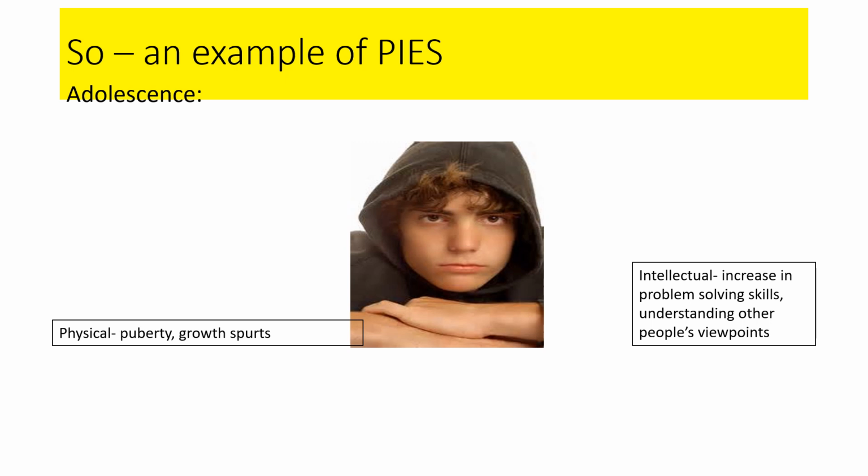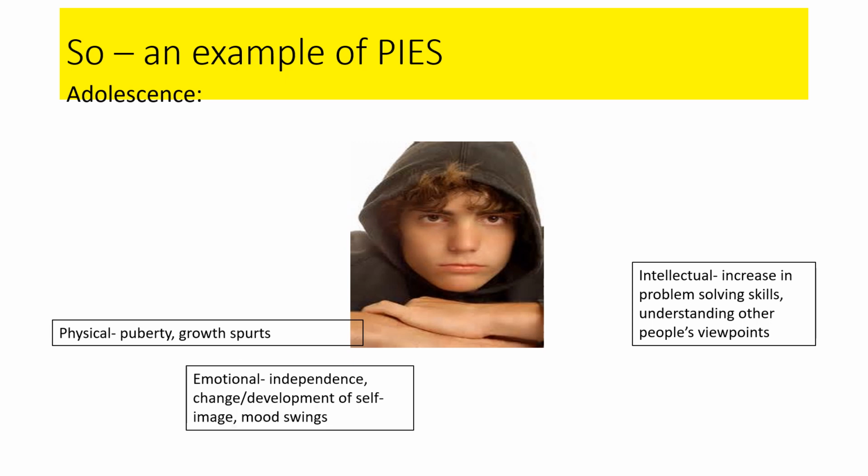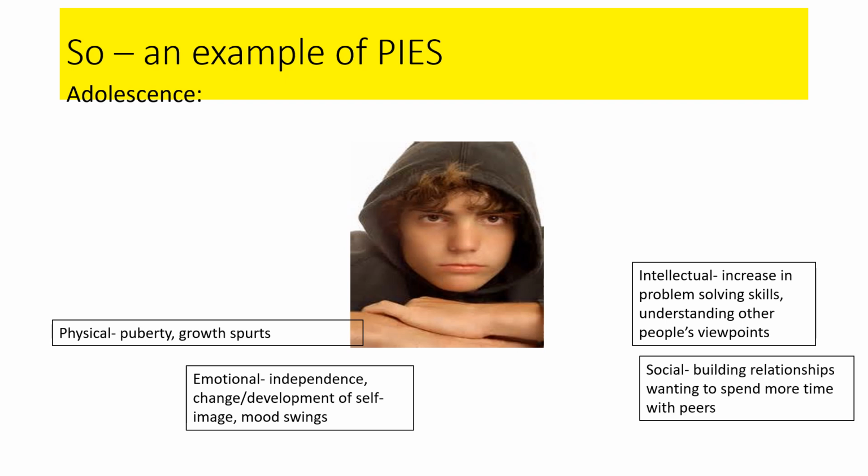There's lots of intellectual changes in adolescence. Emotional, becoming much more independent, and a change or development of self-image. Might be emotional changes because of hormonal changes in the body. And social, wanting to build relationships or spend more time with friends.